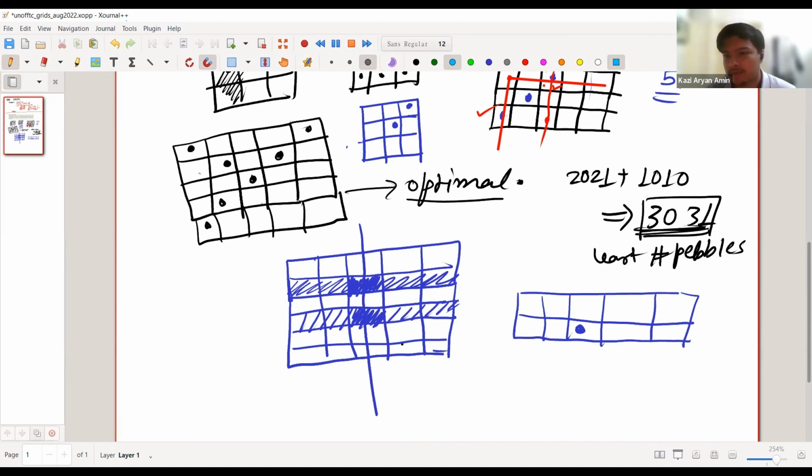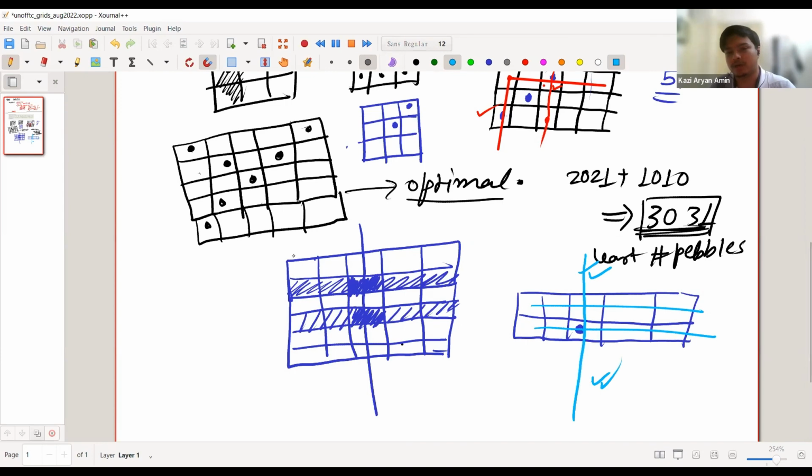Suppose you had just a single pebble here, right? Then look at the pebble set of these two guys. All the pebbles that these guys might have lie on this column, because both these rows are otherwise empty except for this. So they again have the same pebble set.